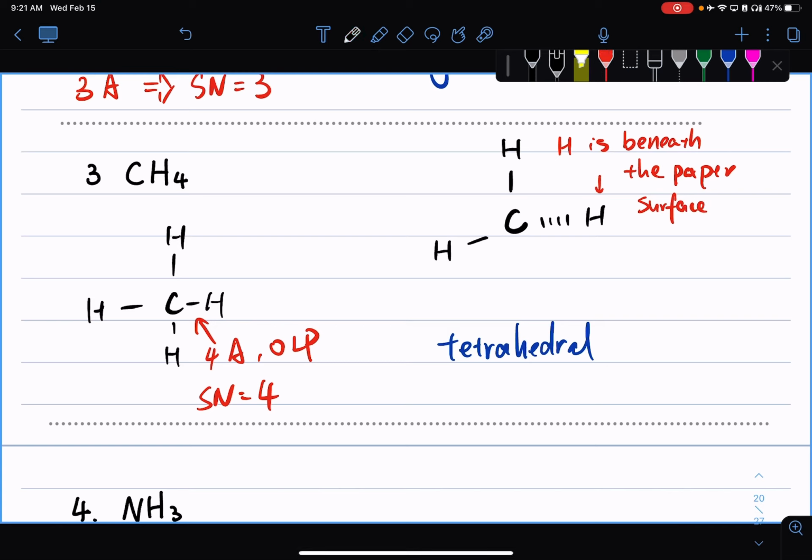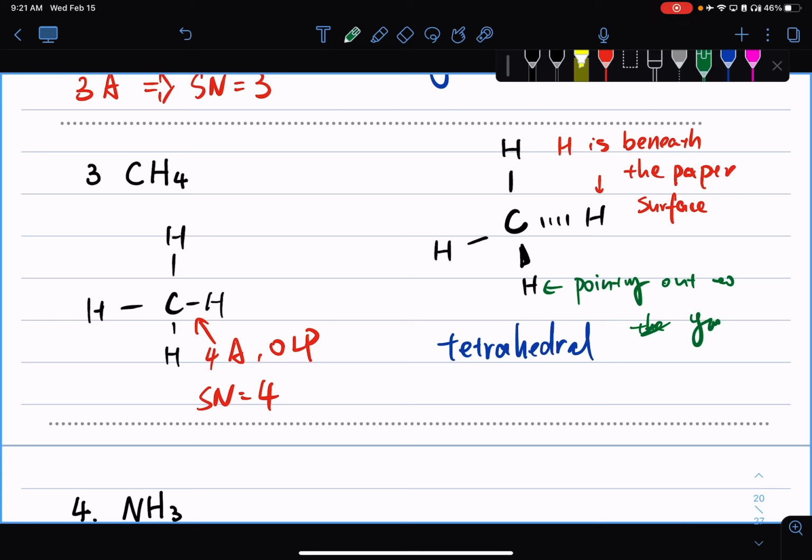And then when you draw it with a wedge, this tells you the hydrogen is above, is pointing out to you. Or the other way to think about it, right?